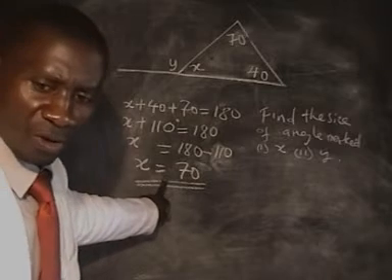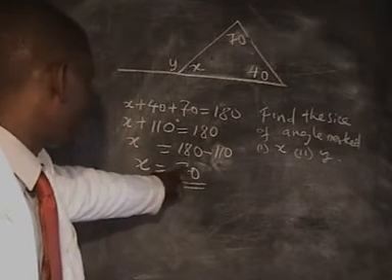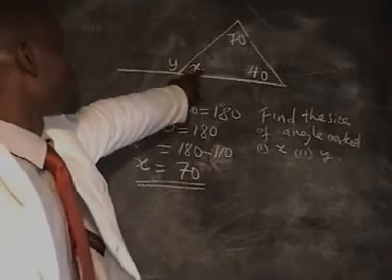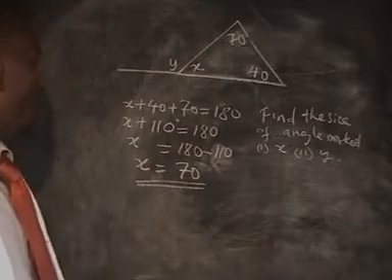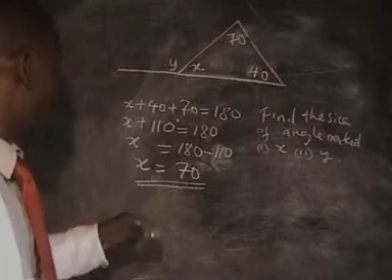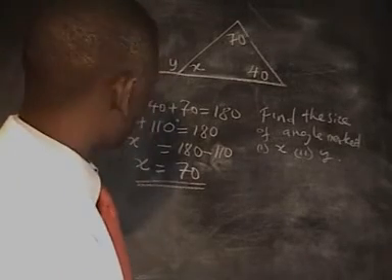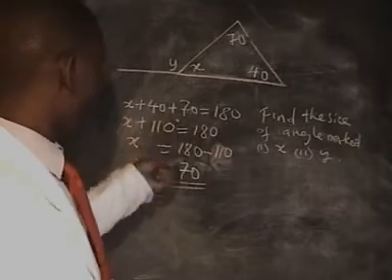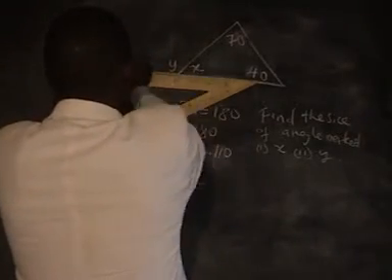This is not all that difficult, but simple and straightforward. If X is equal to 70 degrees, then 70 plus 70 is 140, plus 40 you get 180. Now, if X is equal to 70, can it be difficult to work out the size of angle Y? There, what we see is a straight line.